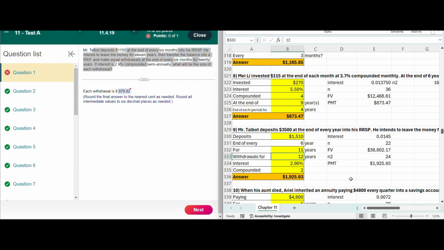Let's correct this. And also it says at the end of every 6 months, this value is not important, but it says 20 years and we type 12. So let's correct that, and let's see if the answer matches with Pearson. And there you have it. It was our mistake.